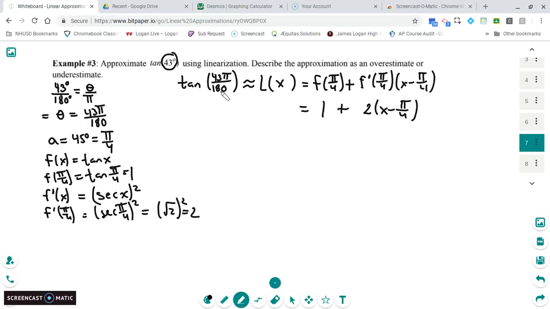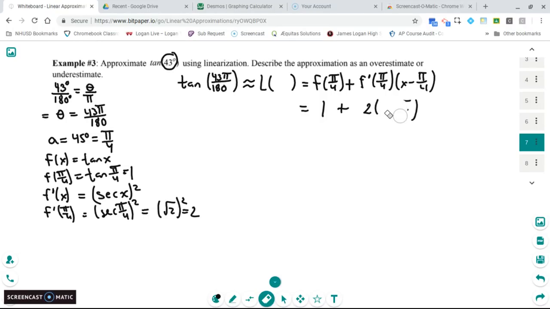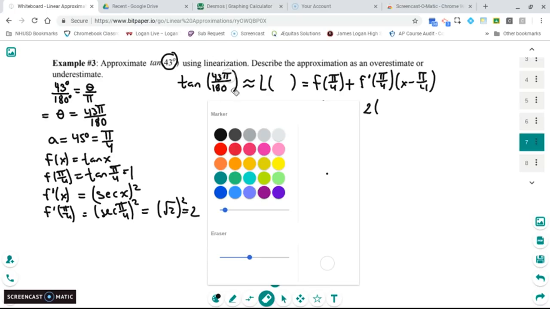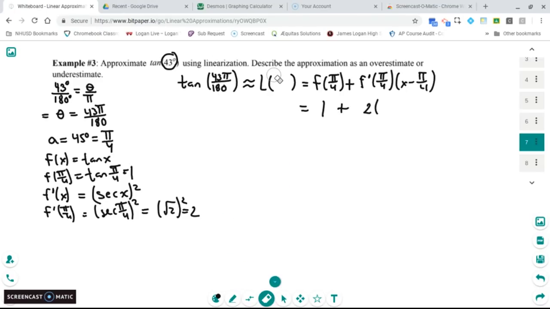And now we're going to plug in that 43 degrees, 43 pi over 180, wherever the x is. So 43 pi over 180, and then minus that a, which is pi over 4.